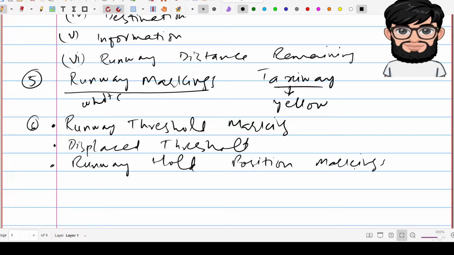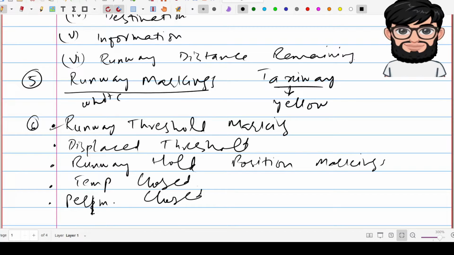Then we have temporarily closed runways and taxiways. And then we have permanently closed ones. Yeah, these are the things he wants us to describe.